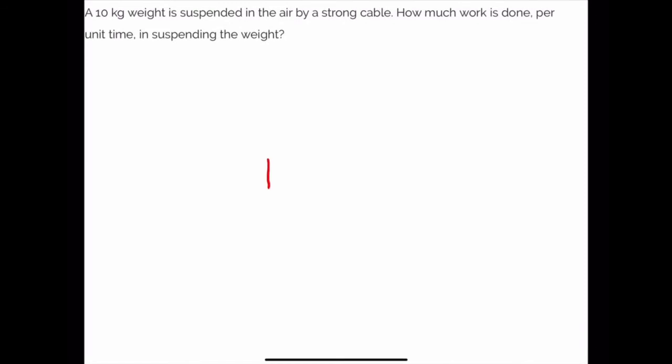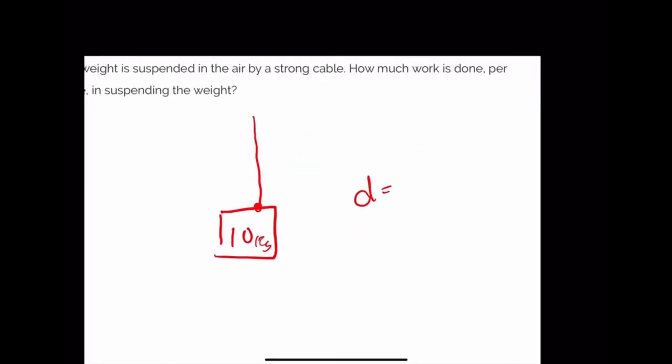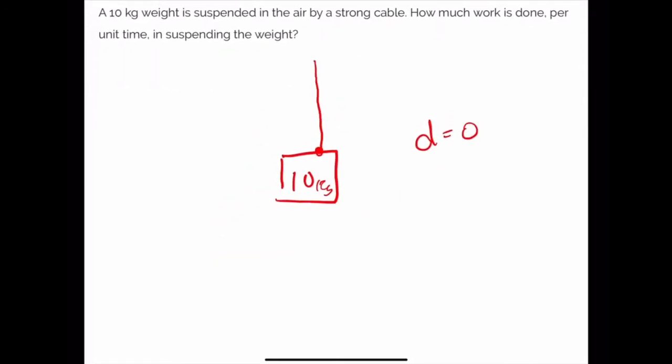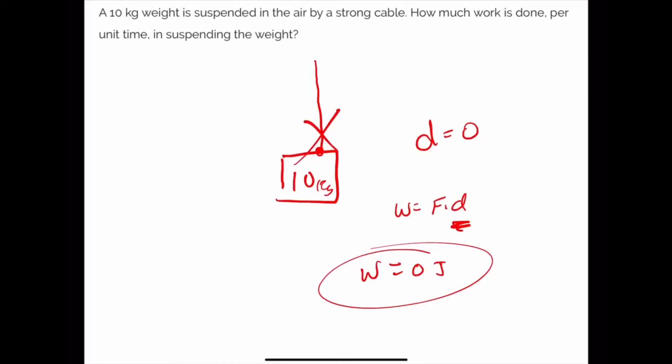We have a 10 kilogram weight and it is being suspended by a cable. Well, suspending it by the cable means that the distance is equal to 0. So work equals force times distance, regardless of the force. Don't even have to calculate the force. If I know the distance is 0, it's not moving. The work equals 0 joules, and that is the final answer.